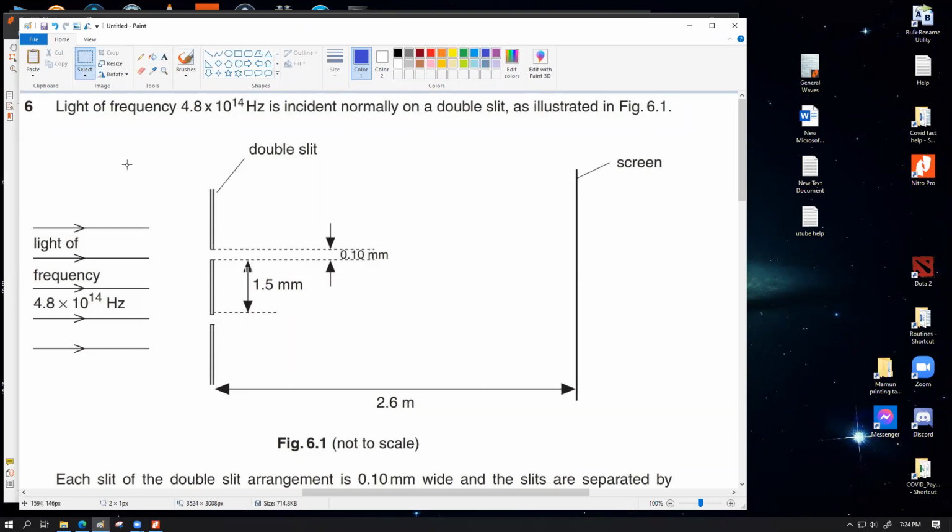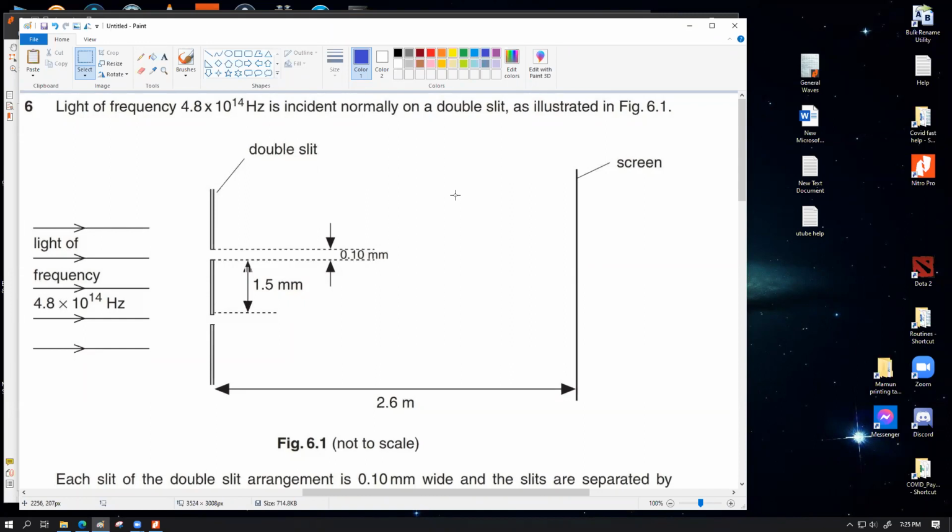Okay, beautiful. I'm going to do one more change. If you don't understand, respond. Sir, are slit separation and diffraction grating constant the same value? No, slit separation is applicable only for double slit experiments. If you think about similarity, slit separation and diffraction grating constant are practically similar things, but they are not applicable interchangeably for both experiments.